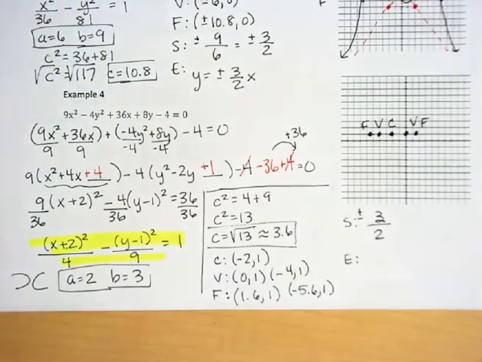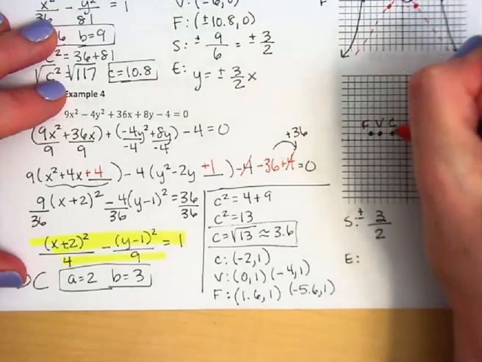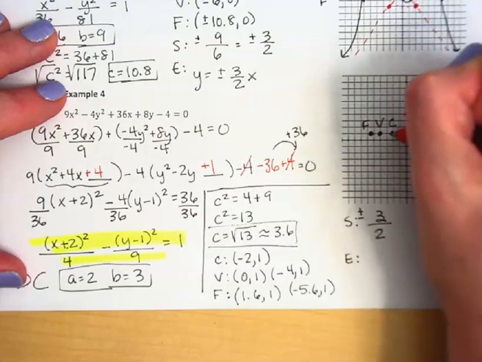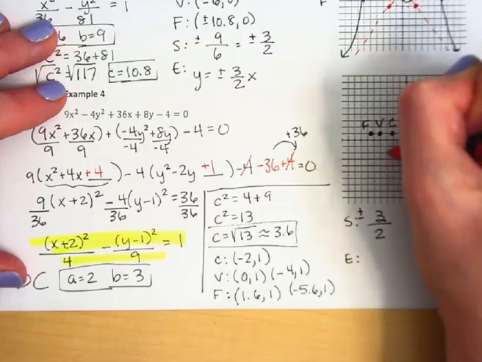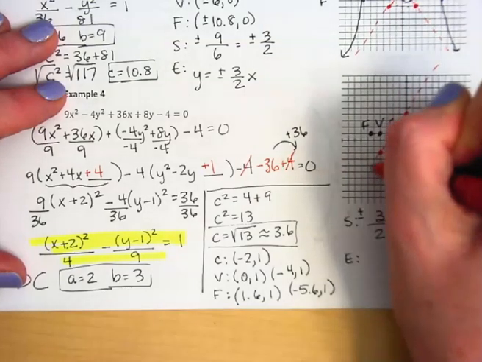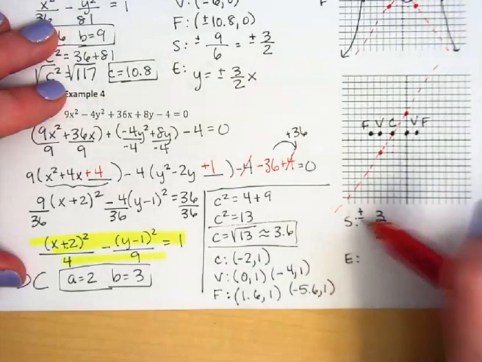So starting at the center, I'm going to do positive 3 over 2 first. So rise up 3 over 2, and then back to my center and go down 3, left 2. So there's my first asymptote. Now I'm going to do negative 3 over 2.